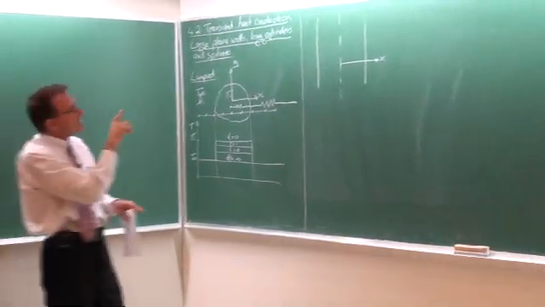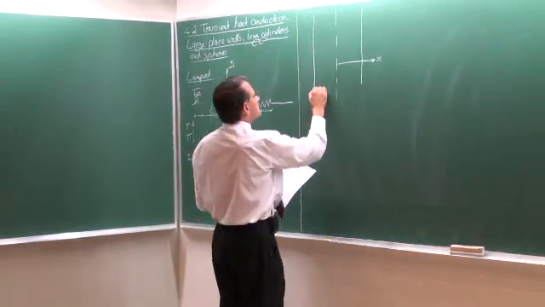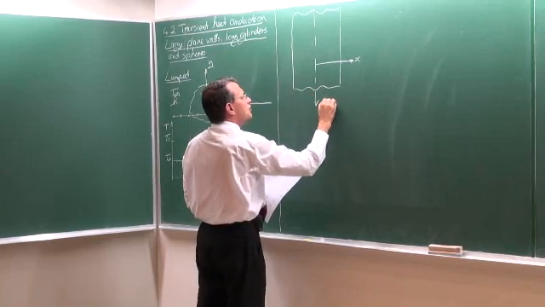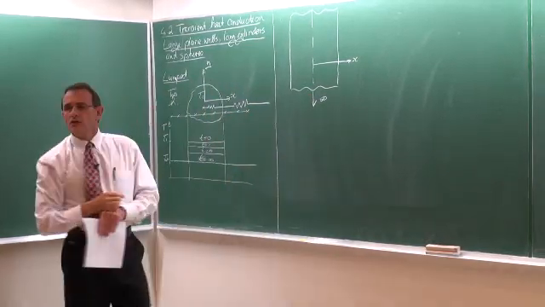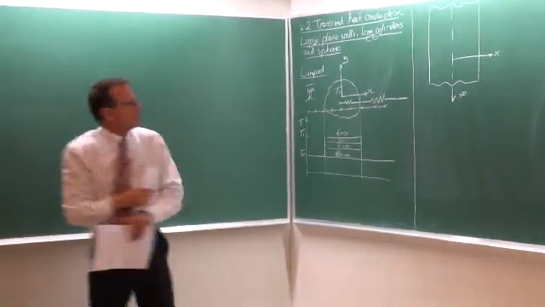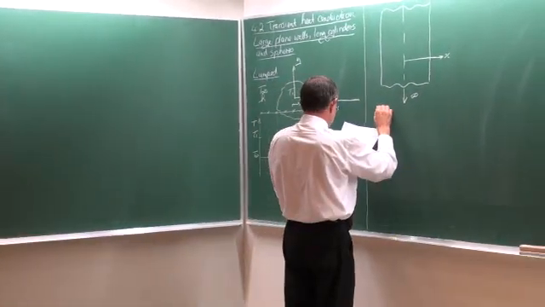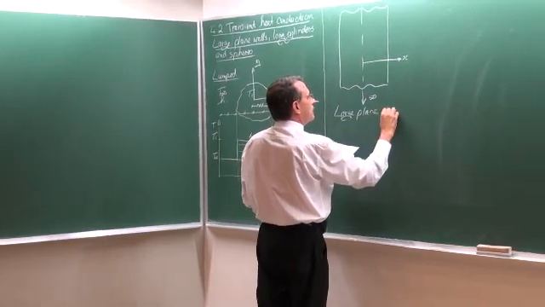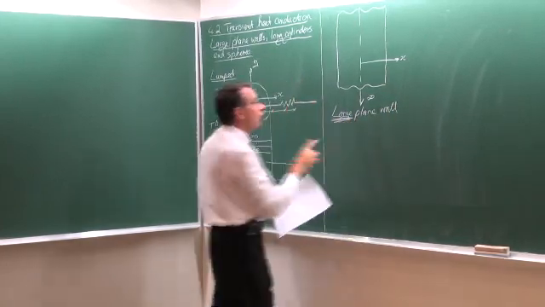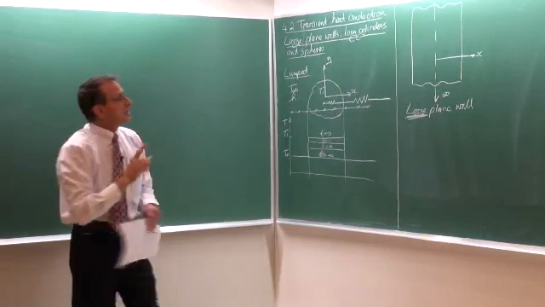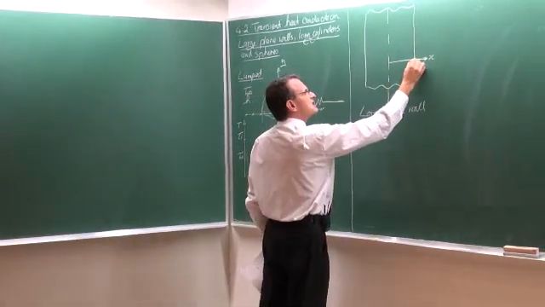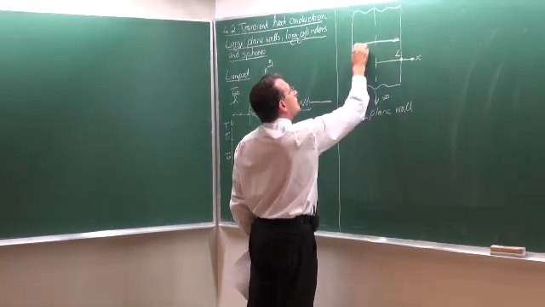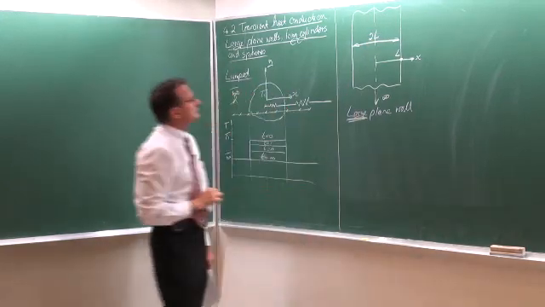The dimension in this direction should theoretically approach infinity. So it is a large plane wall, and the emphasis is on large. The thickness on this side is going to be L, which means that the total thickness of the wall is equal to 2L.